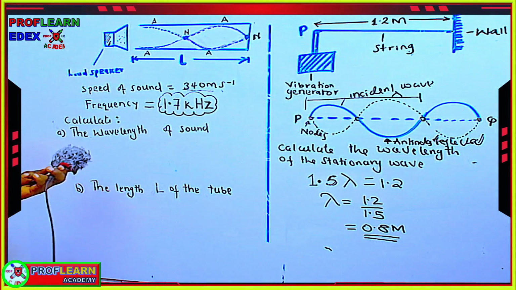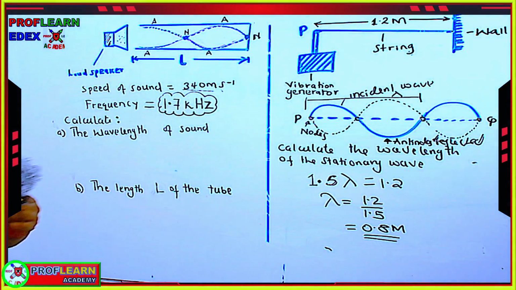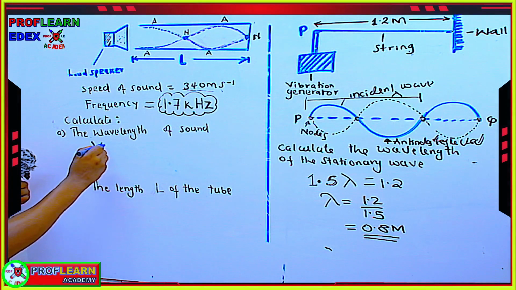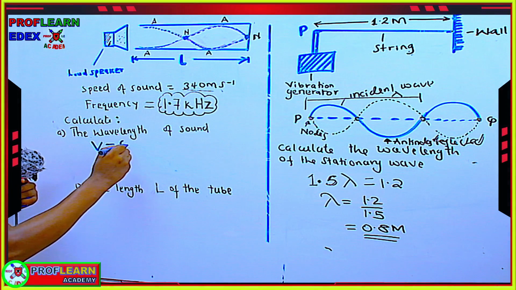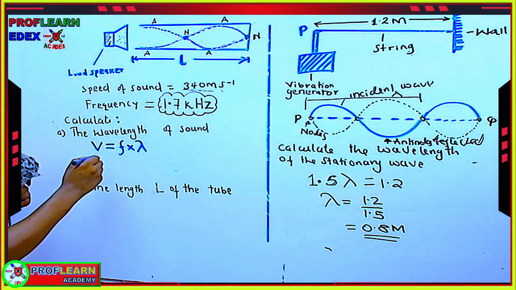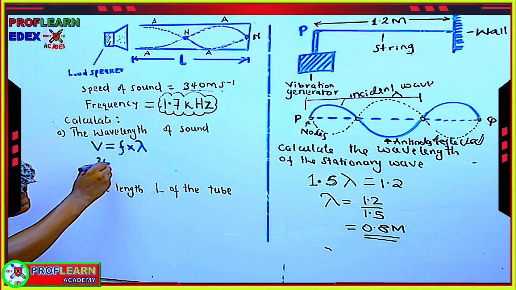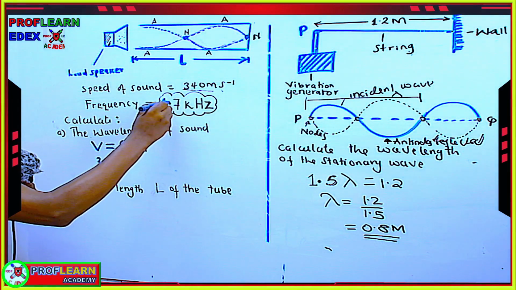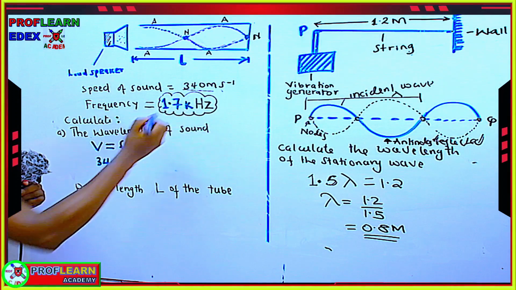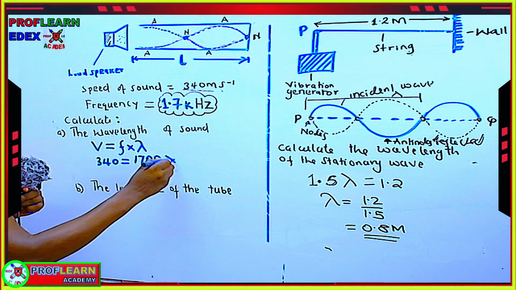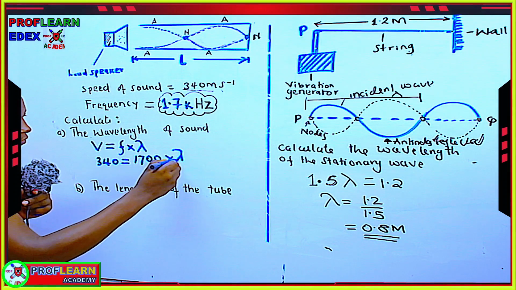To work out this question, we are going to use the wave equation, which states that the speed of a wave is equal to frequency times wavelength. So our speed is 340, equal to the frequency, 1.7 kilohertz, which is 1700 hertz, times the wavelength of the wave.